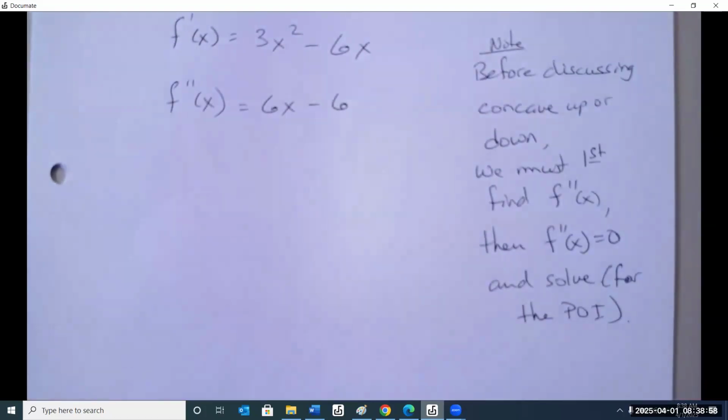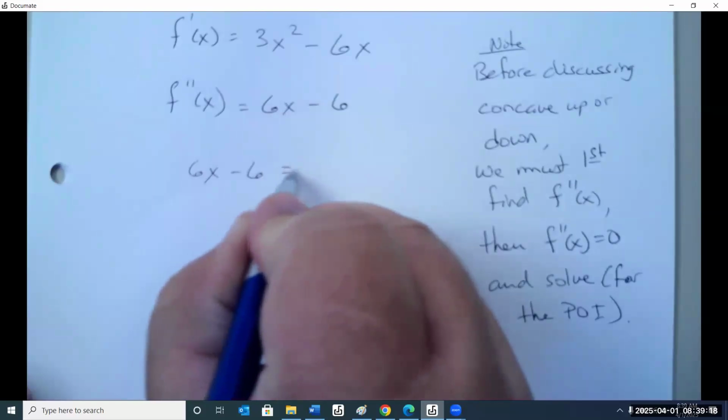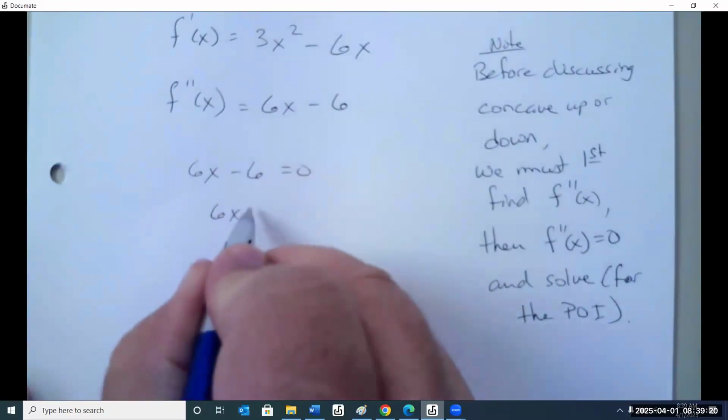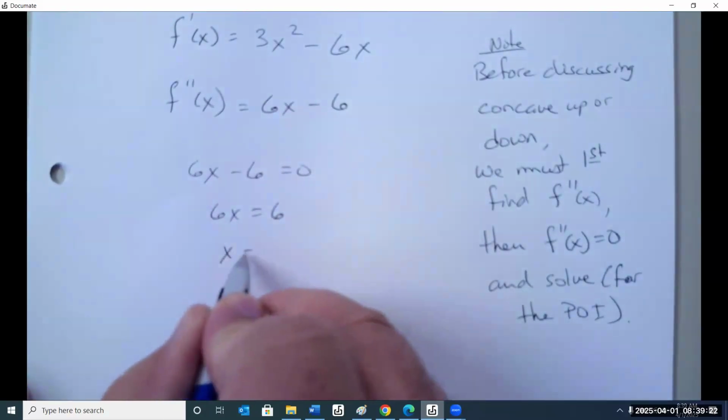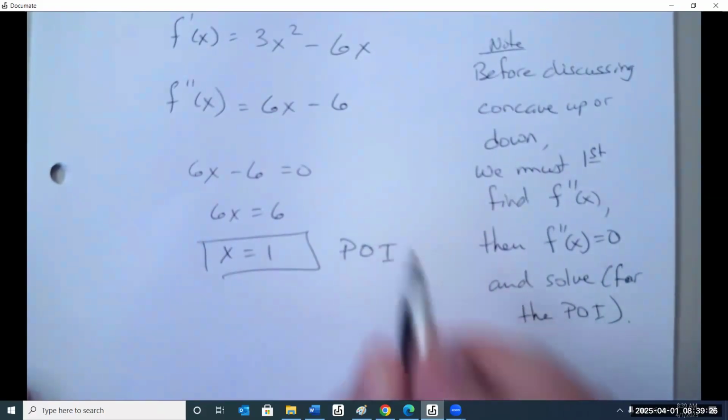Because once you find the point of inflection, then you know that it's going to be increasing or decreasing on one side and the opposite on the other side. So we have 6x minus 6 equals 0, 6x equals 6, x equals 1. So this is my point of inflection.